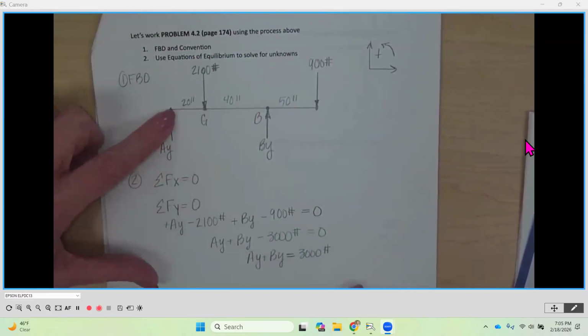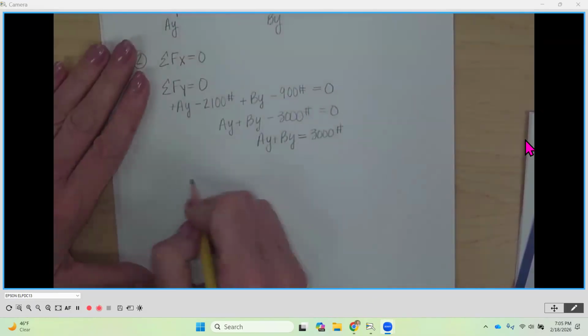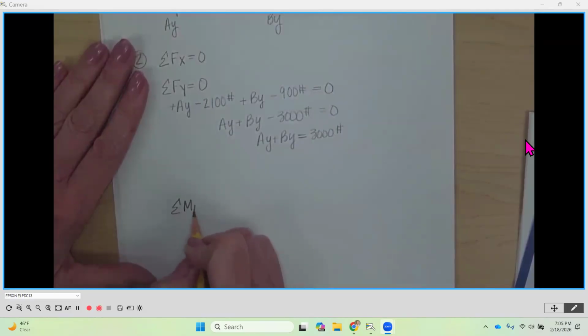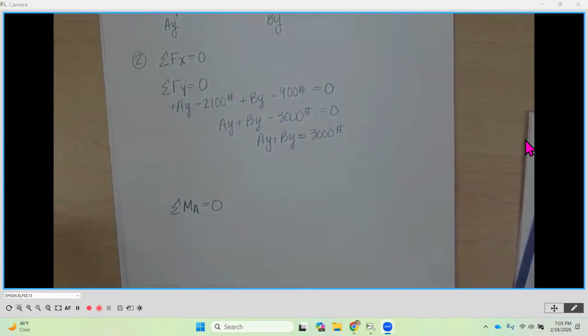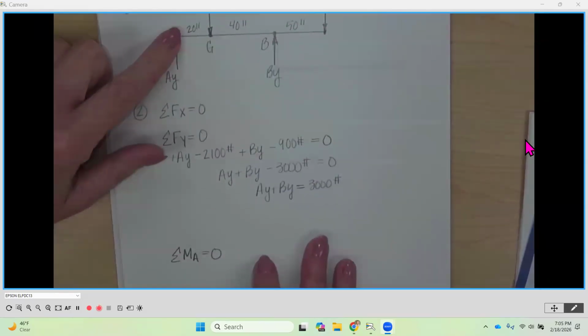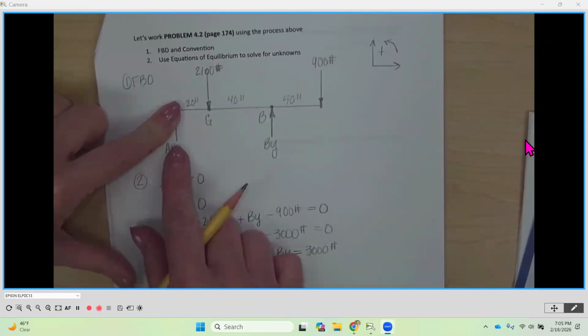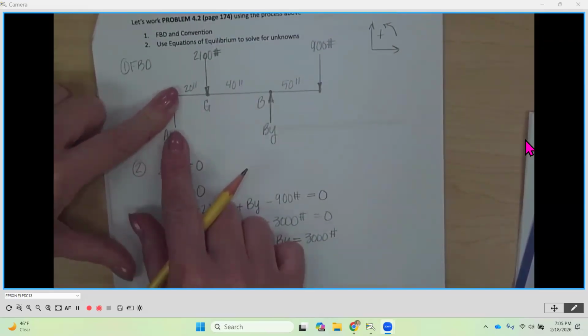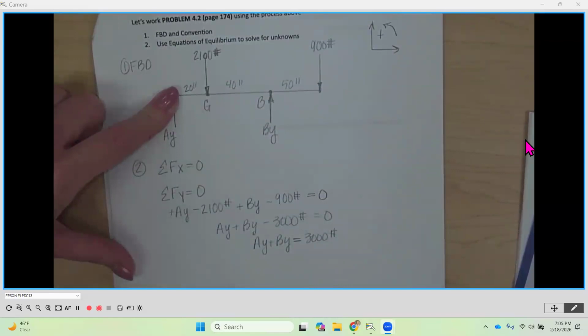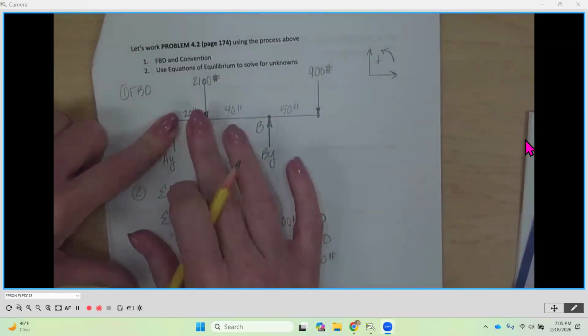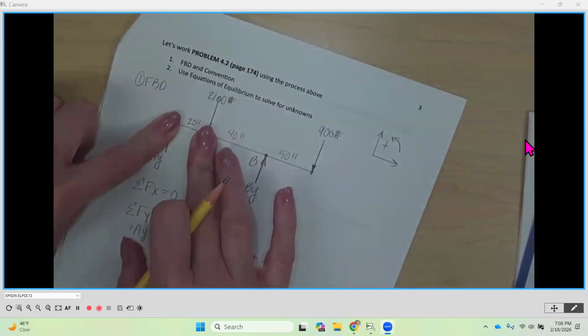I'm going to sum my moment around A. So leave a little bit of room here. Write that you're going to sum your moment around point A equal to 0. This is an equation of equilibrium, two sides, equal sign. Then I'm going to put my finger up on A. AY will not be included because it's pushing and the distance would be 0, so it wouldn't be there. But 2,100 is causing a rotation.